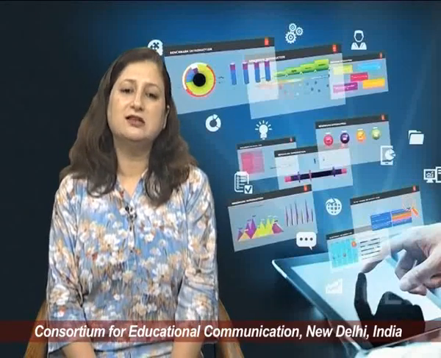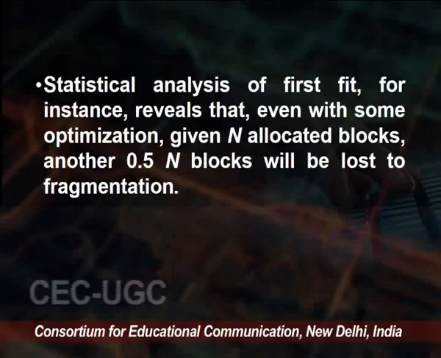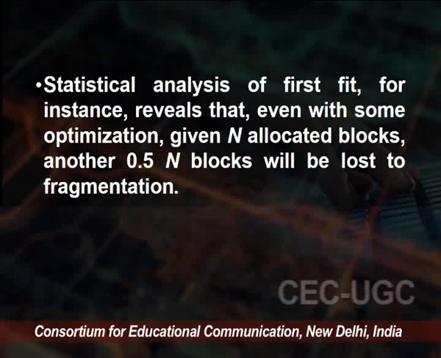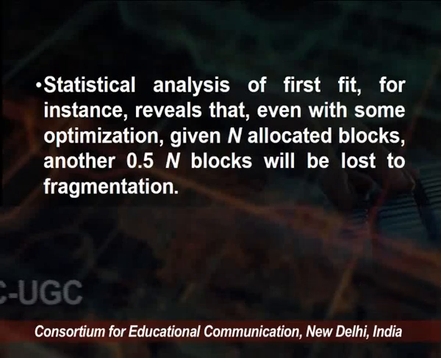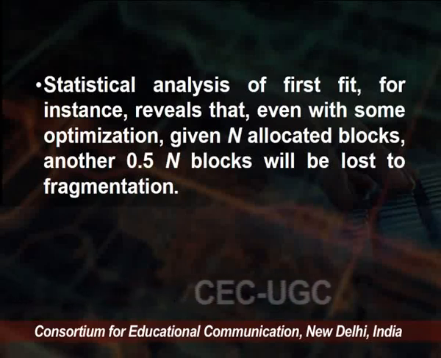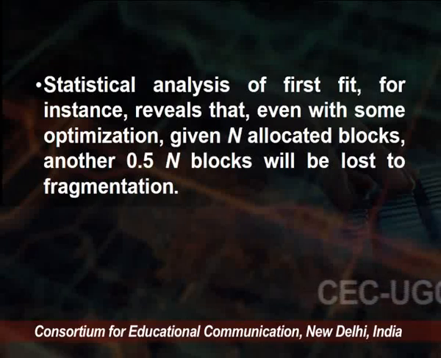There is a rule known as the 50% rule. Statistical analysis of the first fit algorithm and other algorithms has revealed that even with optimization, if you have n allocated blocks, then half of the n blocks will be lost due to fragmentation.